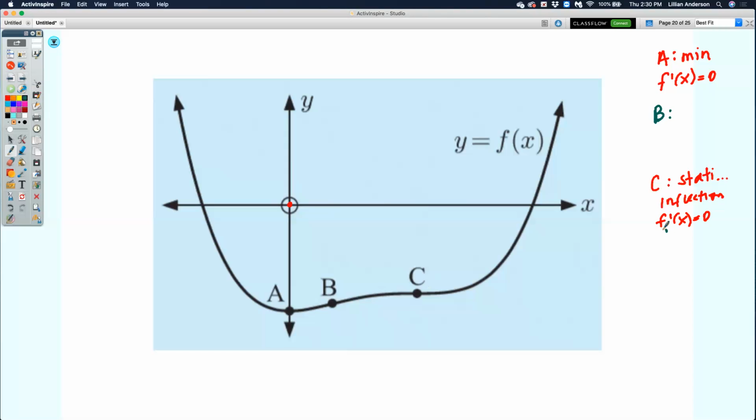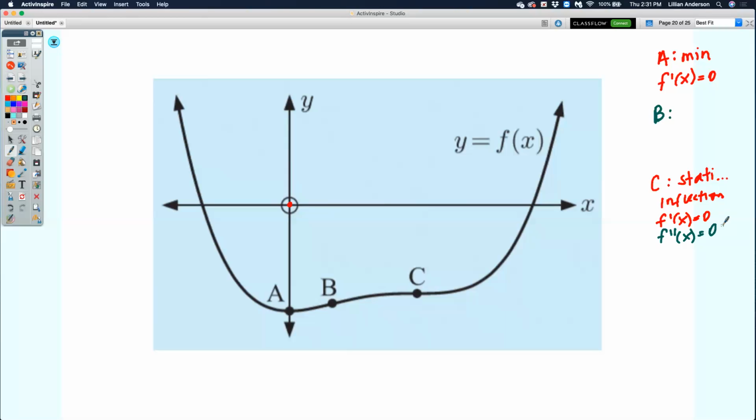So because it had changed in concavity, that means that the second derivative is also equal to 0. Okay, so C is a stationary inflection point, but that also means that on the second derivative as well, because it's going from concave down to concave up, it's going to have an effect on the graph of the second derivative also.